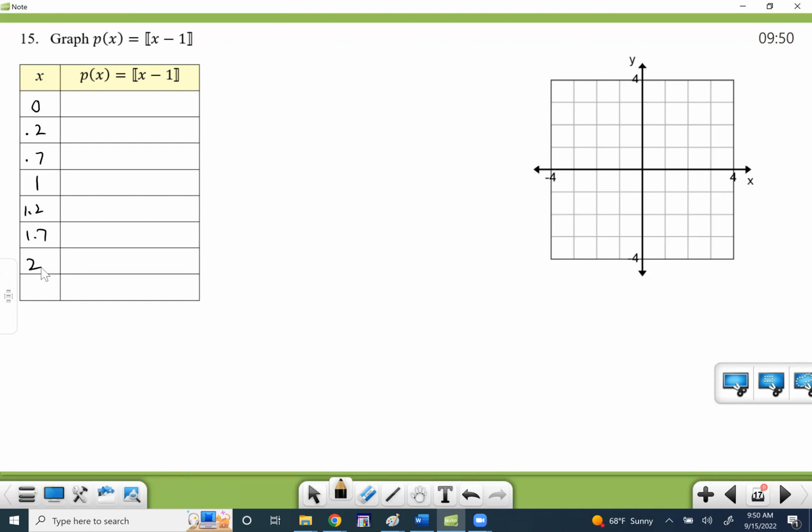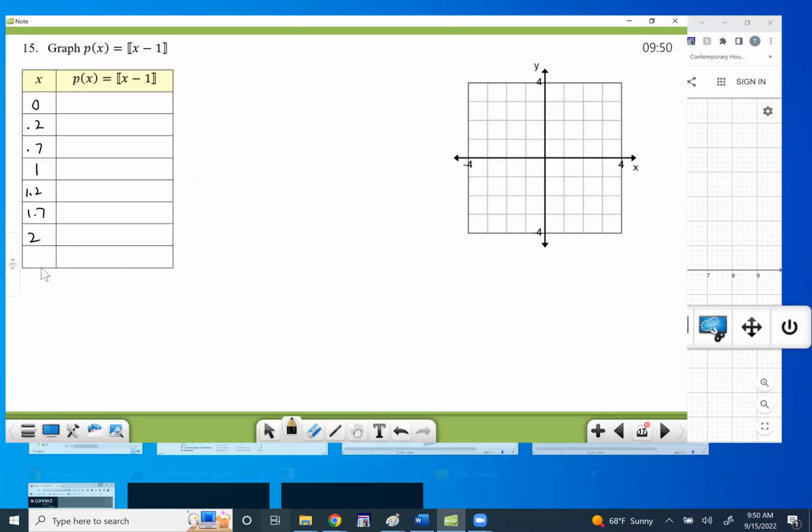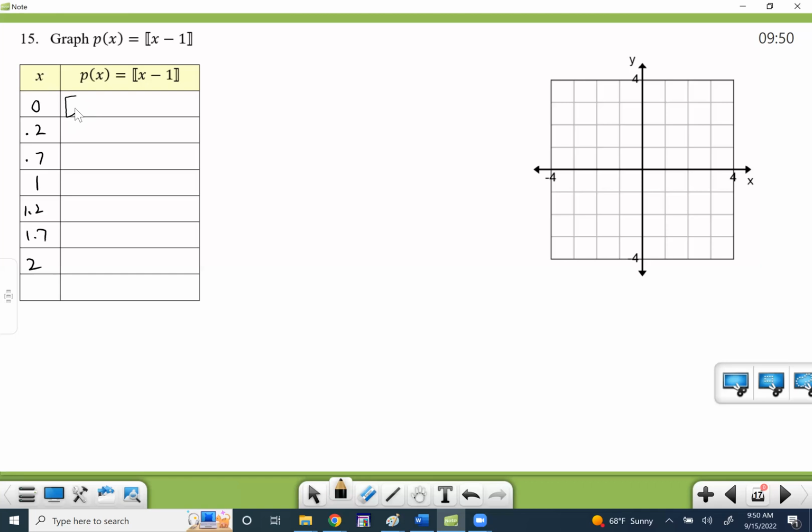All right, so if I substitute 0 in, 0 minus 1 is just -1. And remember, all whole numbers stay where they are. So the answer will be -1.